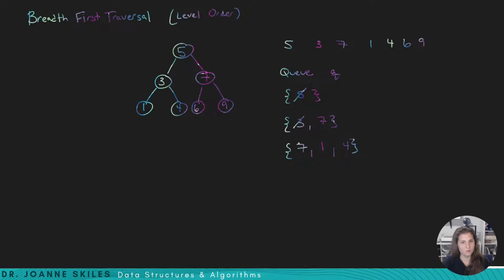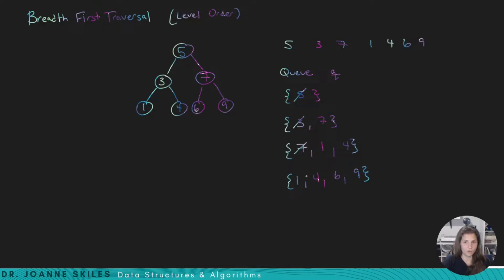Now we reach 7, dequeue 7, print 7. We look at 7's children, it has 6 and 9, so the queue becomes 1, 4, 6, 9.